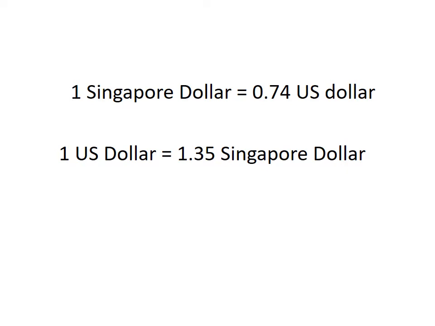Now these two are equivalent. Then which one do we use? They're equivalent, so we can use either one. Sometimes when you go to a money changer, they quote you keeping the Sing dollar as one, sometimes they quote you keeping the foreign currency as one. Of course, to us in Singapore, any other currencies are foreign. So sometimes they keep foreign as one, sometimes they keep the Singapore dollar as one.